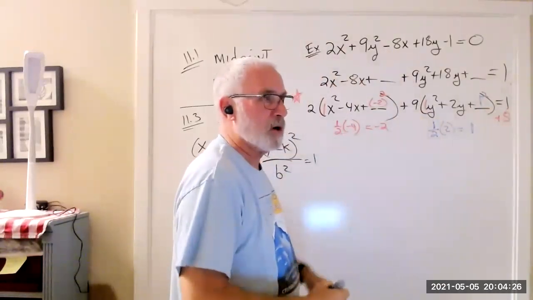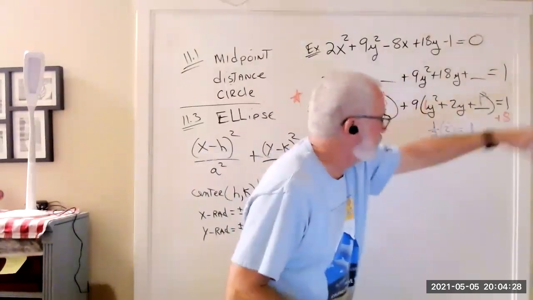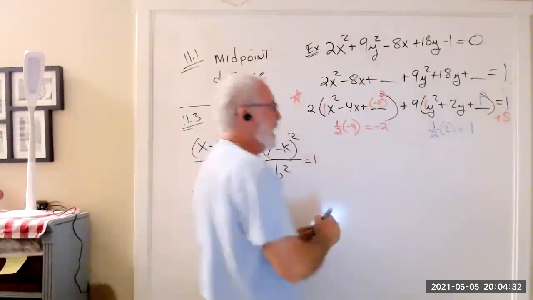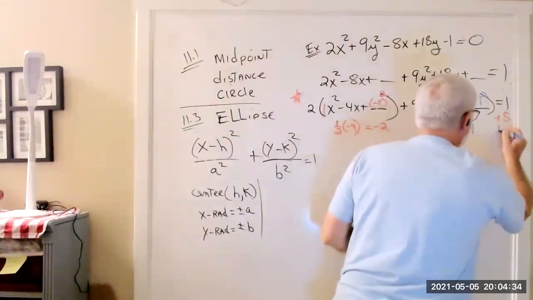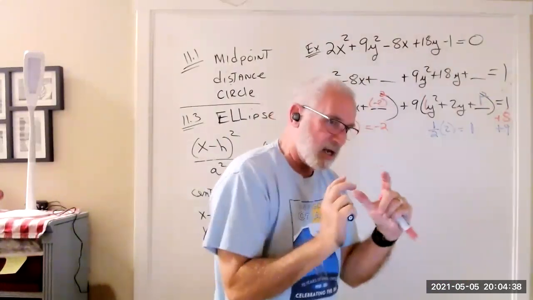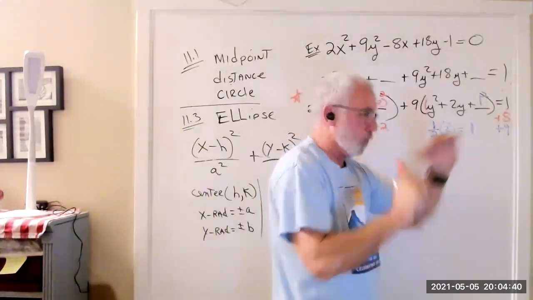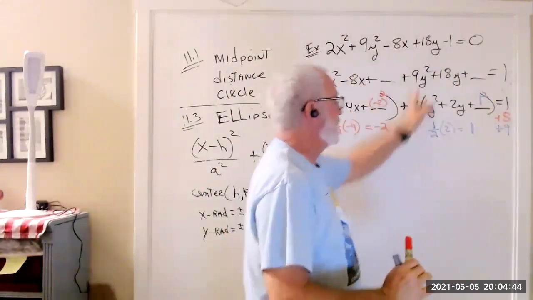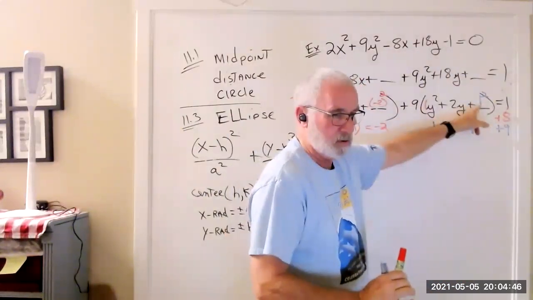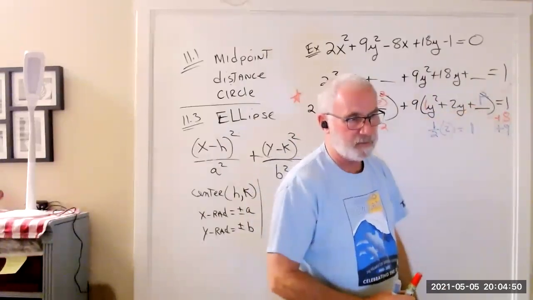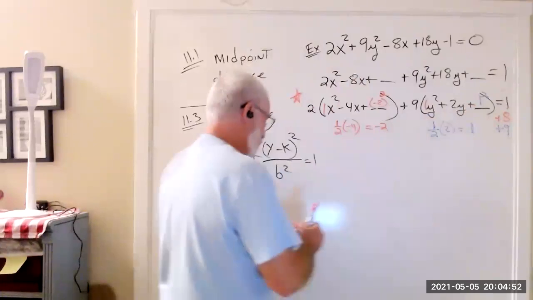But what do I add to the other side? 9. Because inside, thinking small, I added 1. But thinking of the bigger problem, I added 9 times 1. So I have to add 9 to the other side to keep everybody happy. All right, so hold on, here we go.